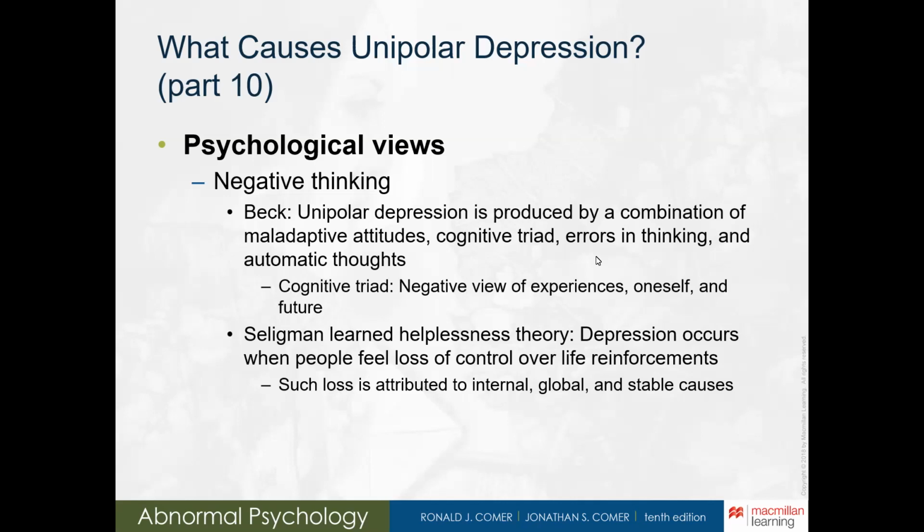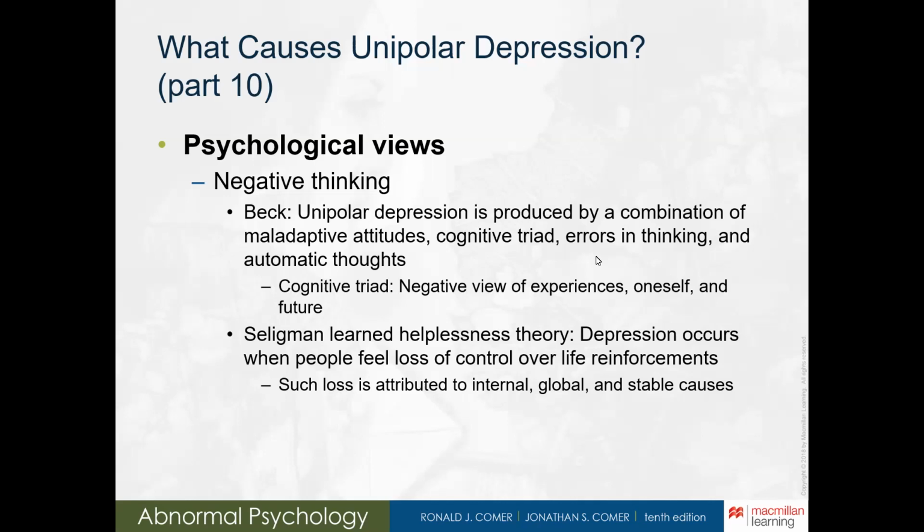Cognitive triad, just so you know, is a negative view of experiences, oneself, and the future. These things can be connected to cognitive distortions, i.e., stinking thinking, which can lead to people feeling a certain way, which leads them to engage or disengage via their behaviors.